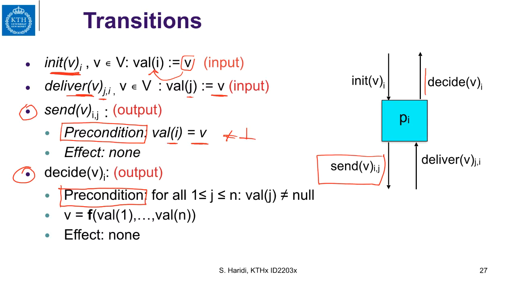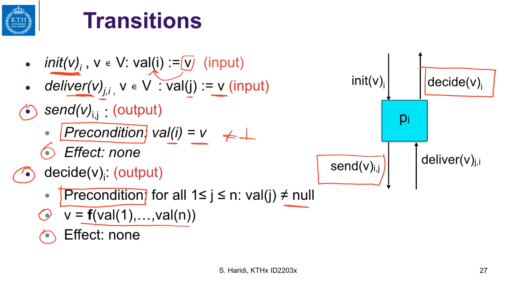So now we are looking at decide. Decide is just saying whenever the vector as a whole has well-defined values, so none of the values are null, then you are allowed as a process to interact and do an output to the environment, applying the function f to that vector. And there are no state changes here. So this action does not change state.